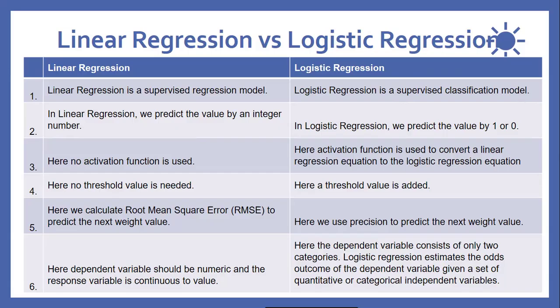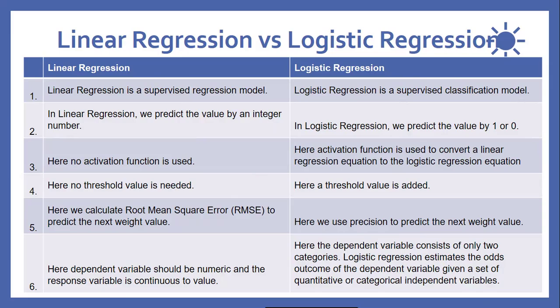In linear regression, we calculate root mean square error, RMSE, to predict the next weight value. In logistic regression, we use precision to predict the next weight value. In linear regression, the dependent variable should be numeric and the response variable is continuous.